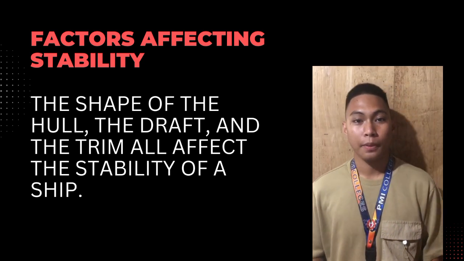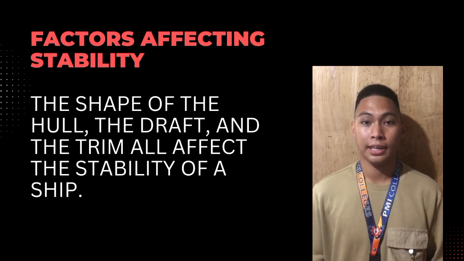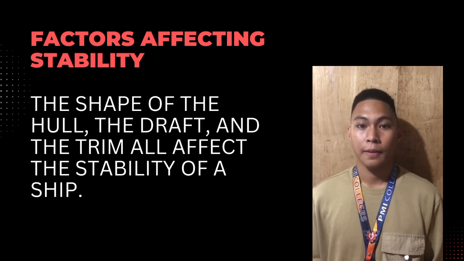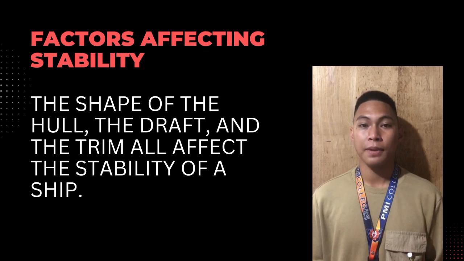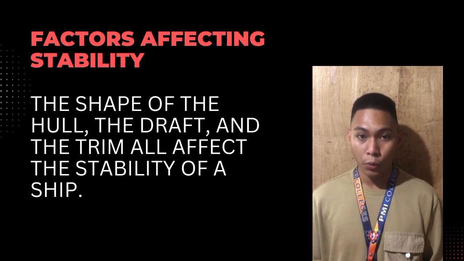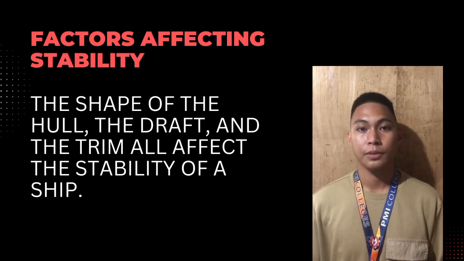Next is draft. This is the vertical distance from the waterline to the keel. A deeper draft lowers the center of gravity relative to the metacenter, which can improve stability. However, too much draft may restrict navigation in shallow waters and can also affect how the hull responds to waves.